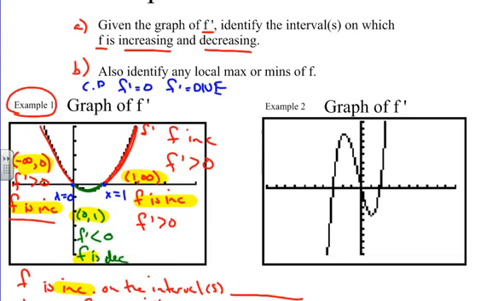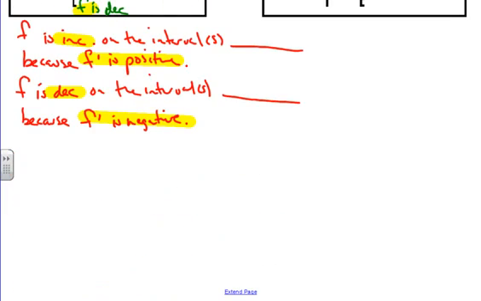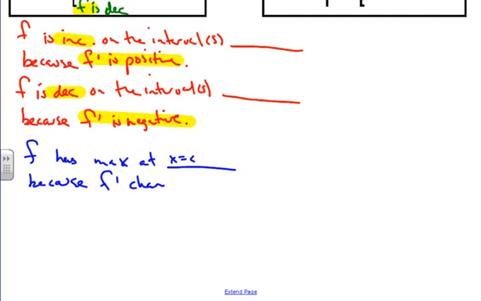Looking at these max/mins, if we recall, in review, local max/mins occur on f. f has a max at, fill in the blank, I'm going to say x equaling c or whatever, because at c, f prime changes from positive to negative. f has a min at, fill in the blank, x equaling c.